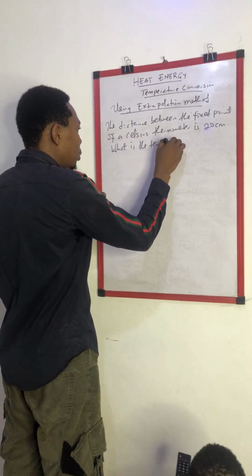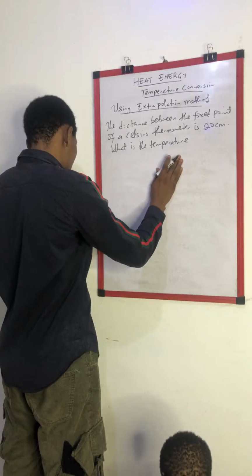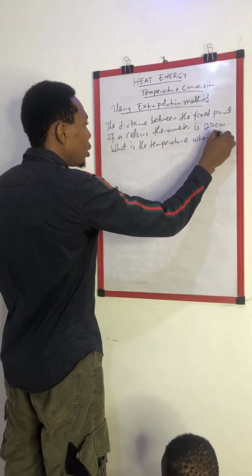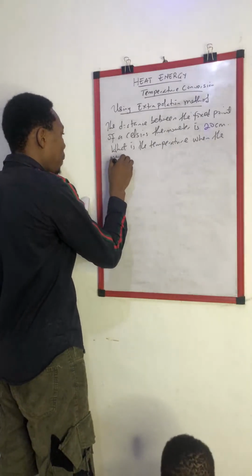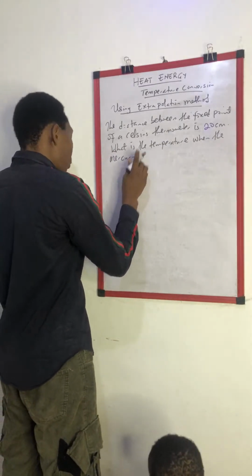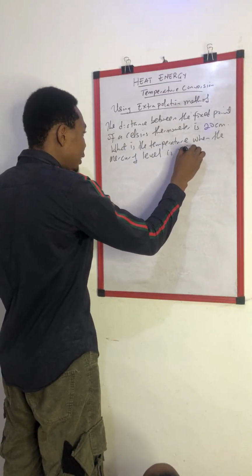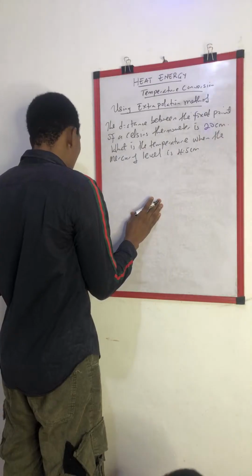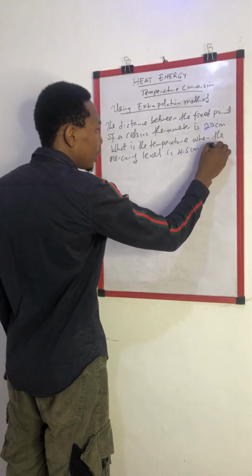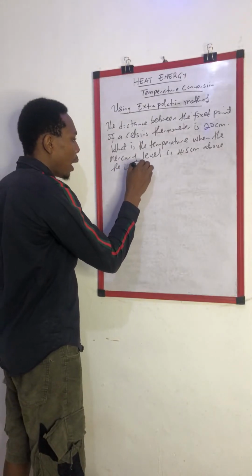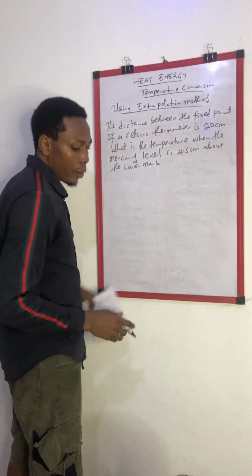What is the temperature when the mercury level is 4.5 centimeter above the lower mark? Above the lower mark. All right.